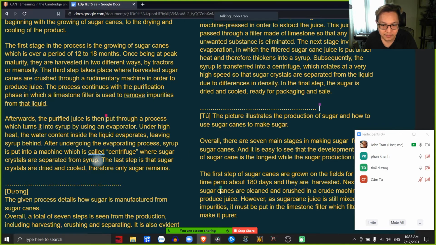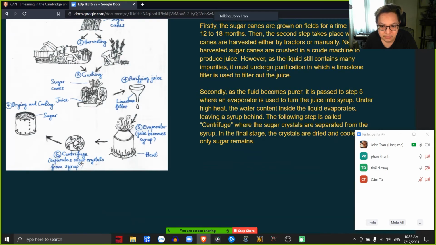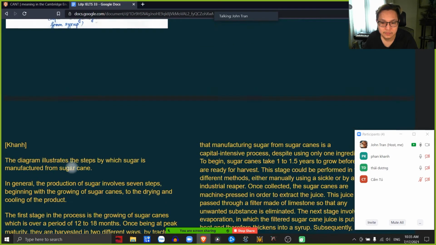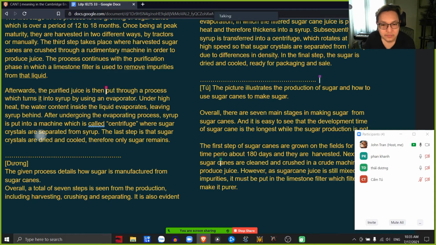Where sugar crystals are separate from the syrup. Is that? Yes. Okay. Good.